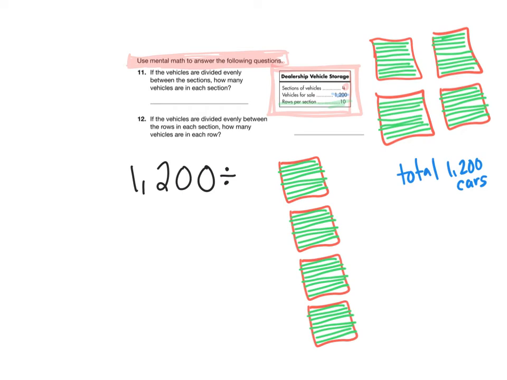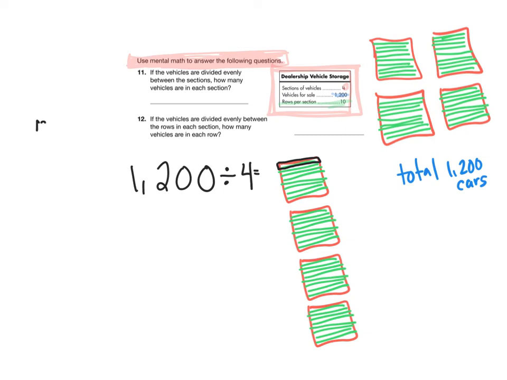So I'm thinking you could do this either 1,200 divided by 4, and then our answer is going to represent the number of cars in each of these little rows, in each of these little groups. So 1,200 divided by 4.